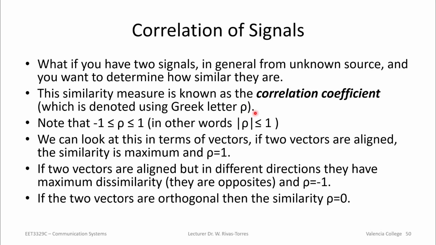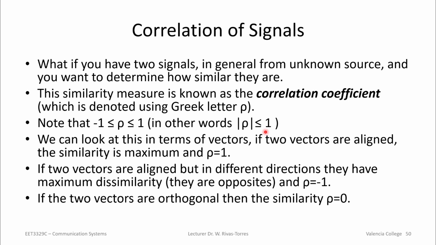You'll find that almost everywhere we refer to the correlation coefficient. Note that the correlation coefficient has a range between -1 and 1. In other words, the magnitude of rho is always less than or equal to 1. That's the only range of acceptable values.